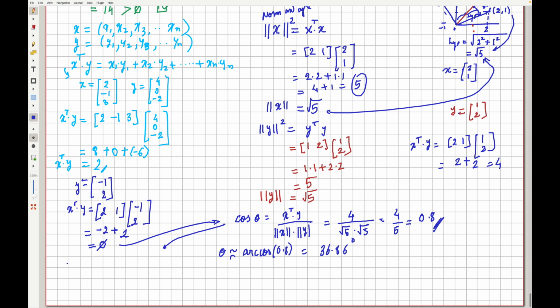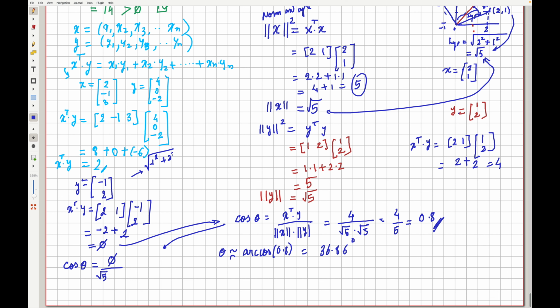If we put this information in this formula right here, we get cos theta is equal to 0 divided by the square root of 5 for x, and the magnitude of vector y would still stay the same, because we would square the value for -1 and then square the value for 2.